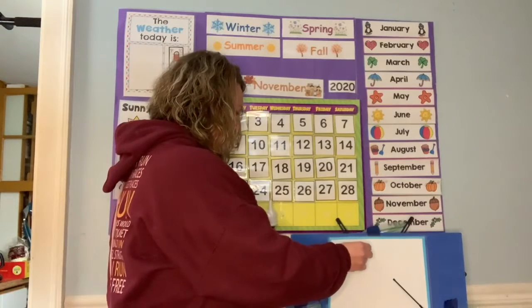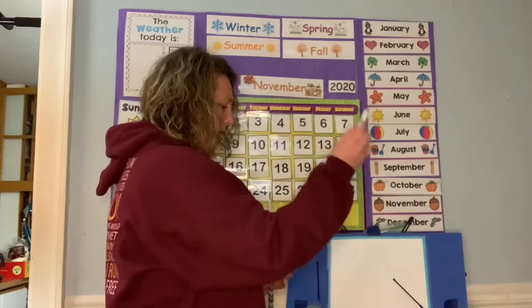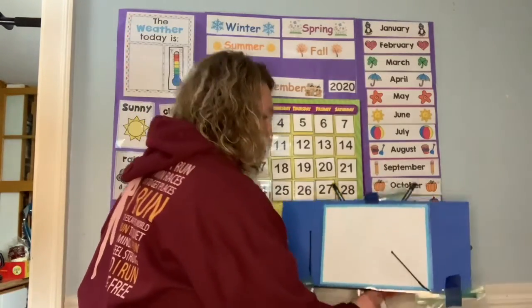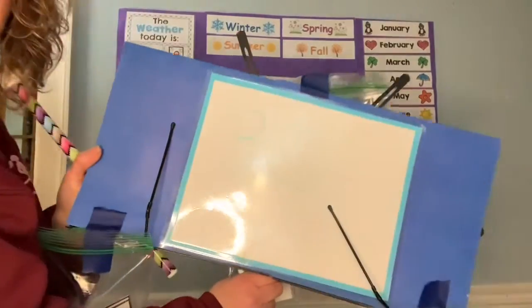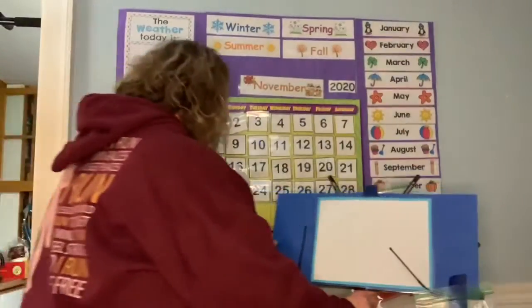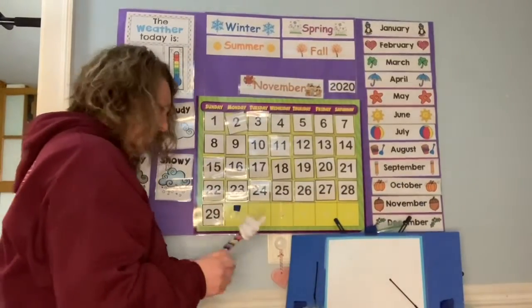And a 0. Around the world like a hero, back to the top, and you made a 0. I wonder if you can see that. Let me get closer. I might have to get a better color marker. 30. So now let's see if we can find 30 to put on the calendar.